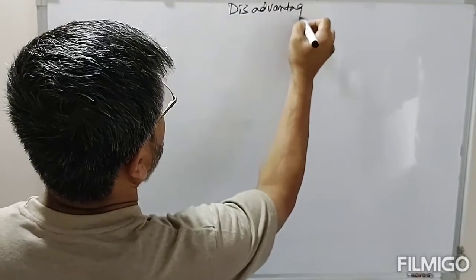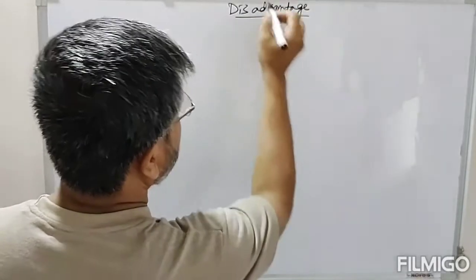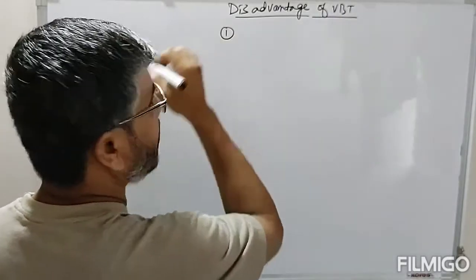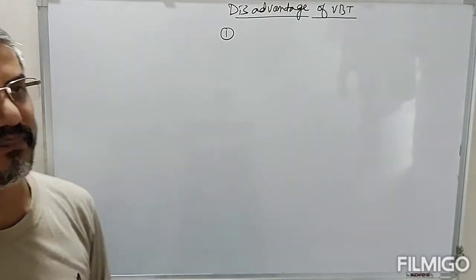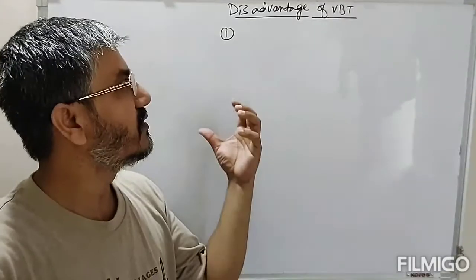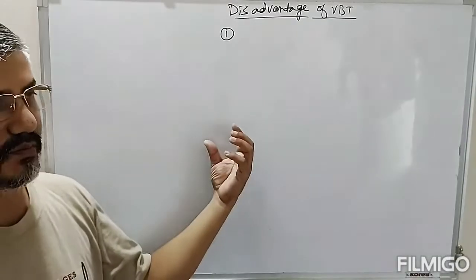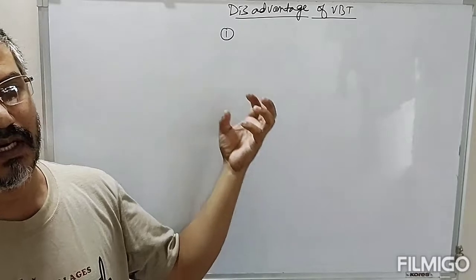Disadvantages or demerits of this valency bond theory, VBT. First, let's see one by one. Valency bond theory does not say anything about the color of complexes, because most complex species are colored.